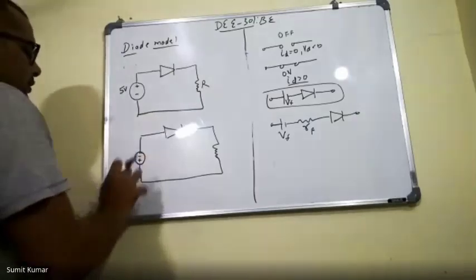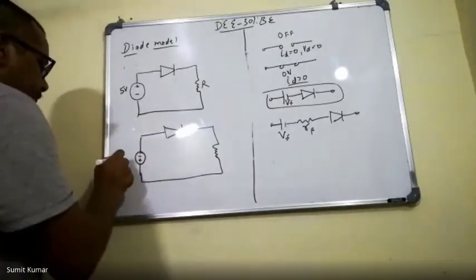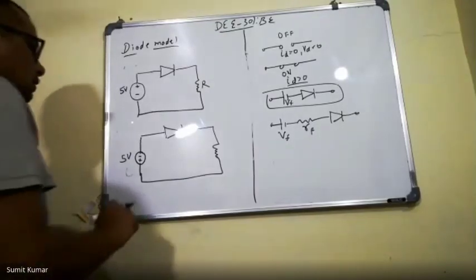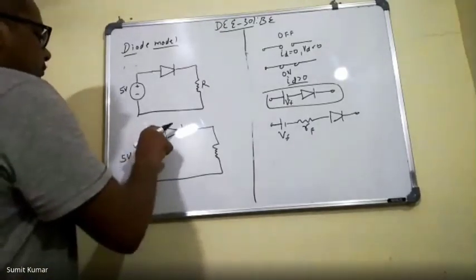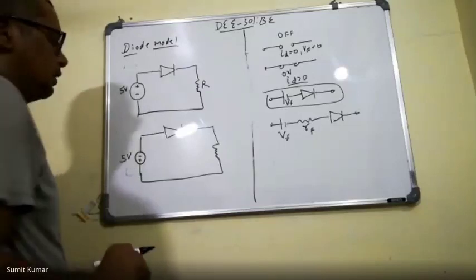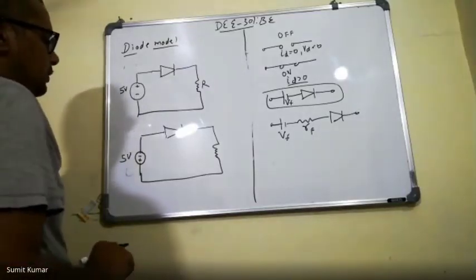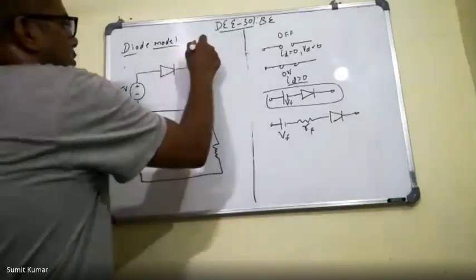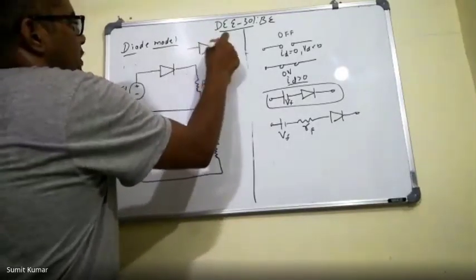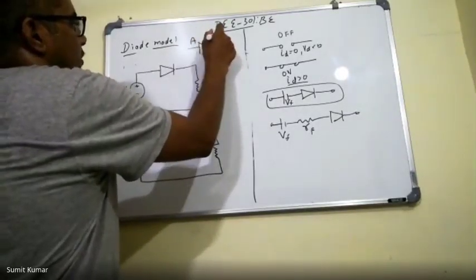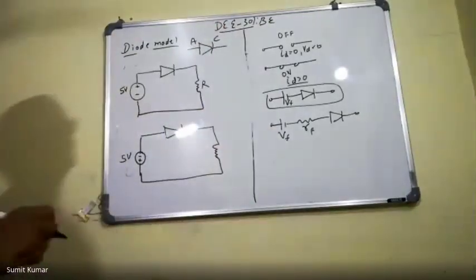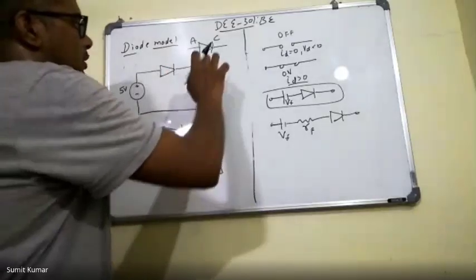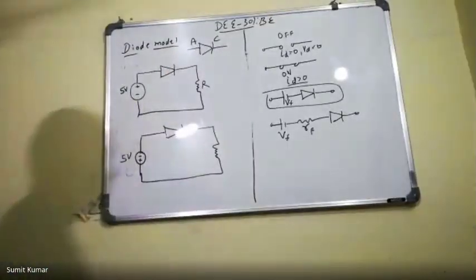Similarly, for this voltage, we are applying negative at the p side of the diode. And one more thing, these P and N sides are also called anode and cathode. This side P is called the anode and N is also called the cathode.